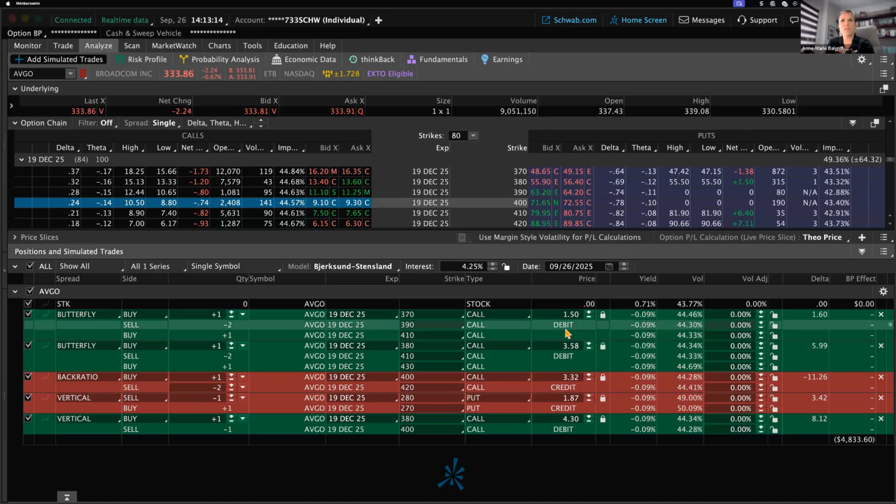But by the same token, my thought is this: set an alert for the middle strike and then set a maximum loss of 50%. If your butterfly gets lower than $75, sell it. Take the 75-cent haircut. That's a lot better than taking a $30 a share haircut or whatever, right? It just makes more sense.